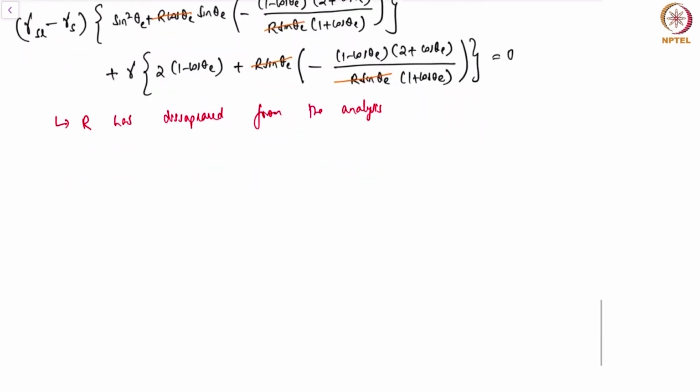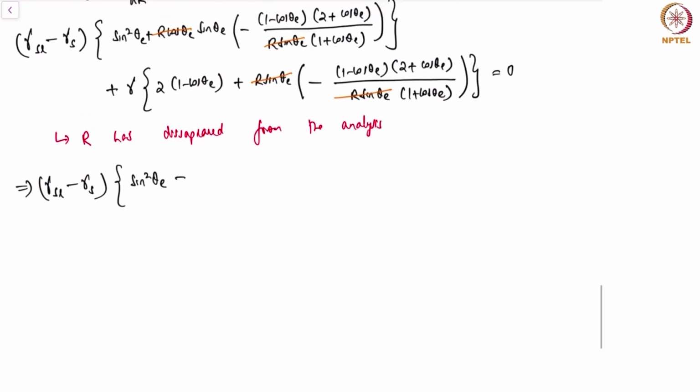So what we now have is the simplification as follows. We have gamma SL minus gamma S. We have sine square of theta e minus, sorry, I made a small error here. What cancels out is not r cos theta e, what cancels out is r sine theta e.